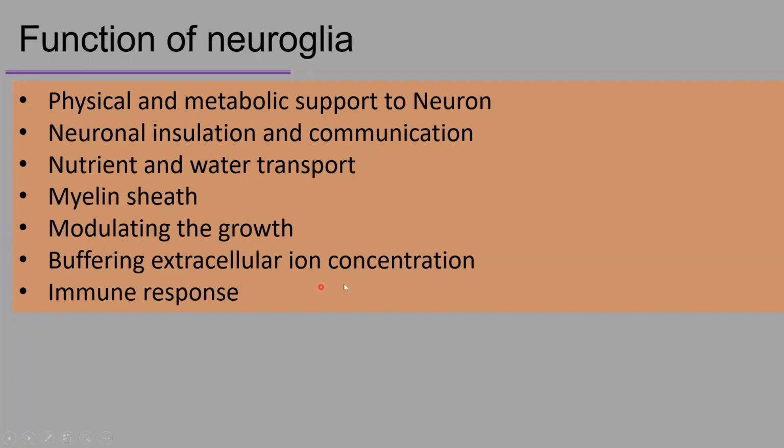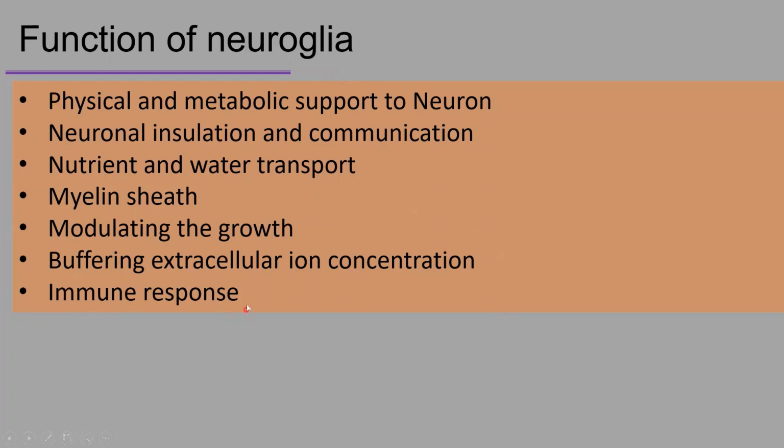Buffering extracellular ion concentration: some ion concentrations have to be maintained, and neuroglia play a very important role in maintaining them, so the neuron's action potential or excitation will continue in a normal way.